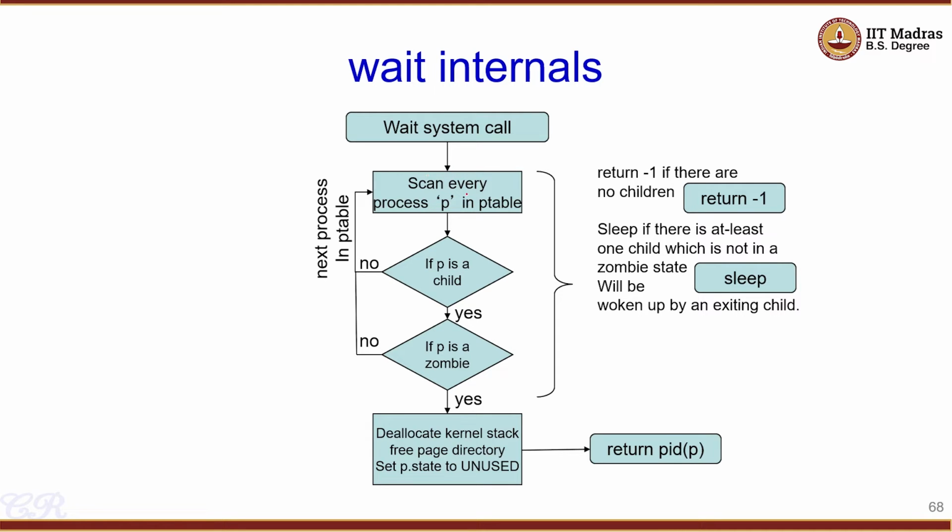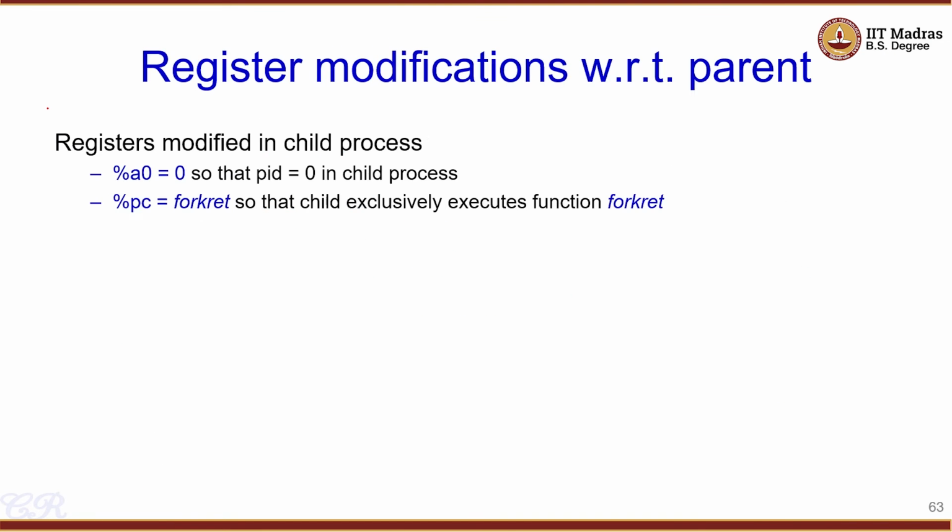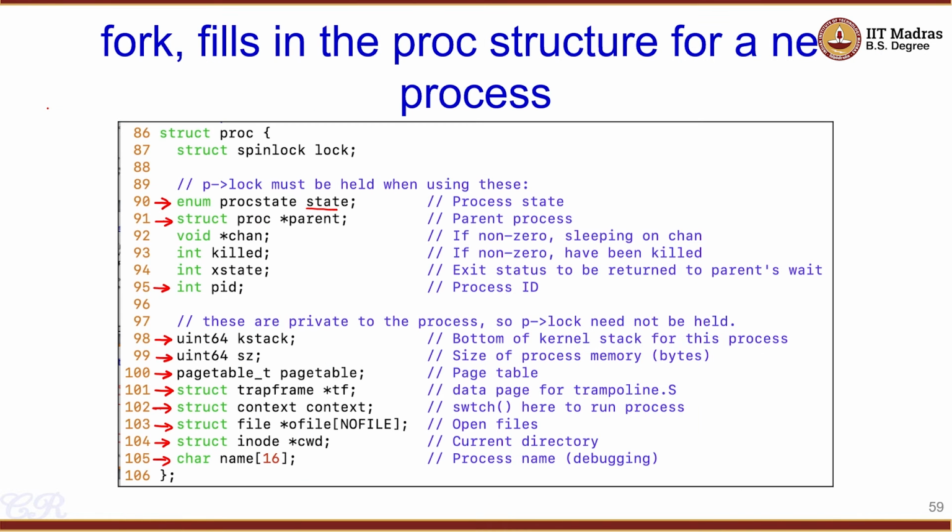The implementation of wait essentially scans every process in the proc table, trying to identify if that particular proc entry is a child, right? How does this parent process know that a proc entry is a child? By essentially the entry called parent, right? Recollect that when we looked at the proc structure, we had this field called parent.